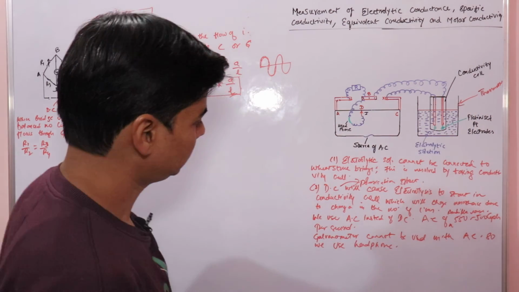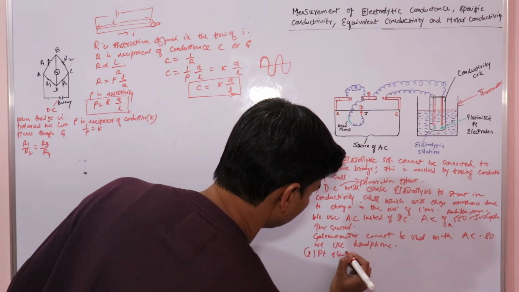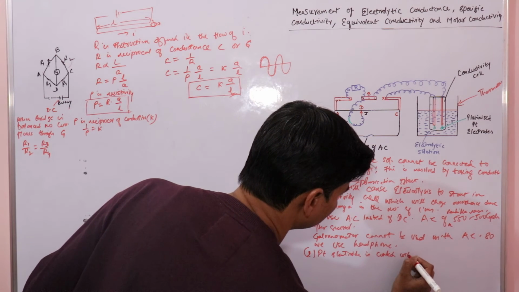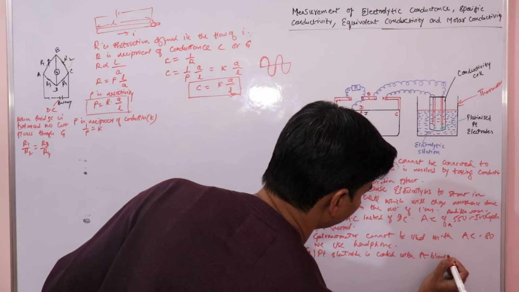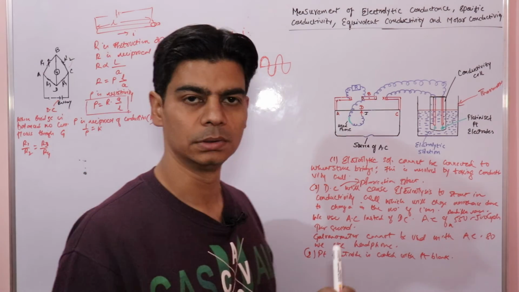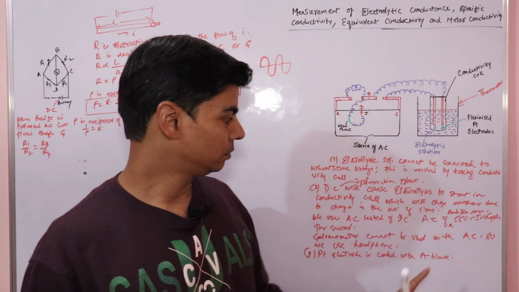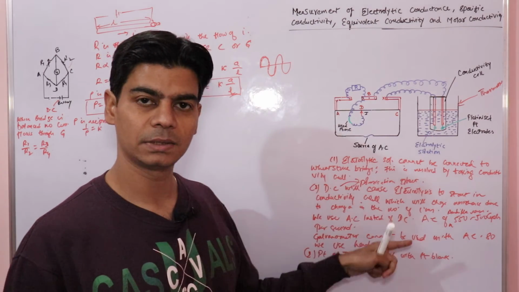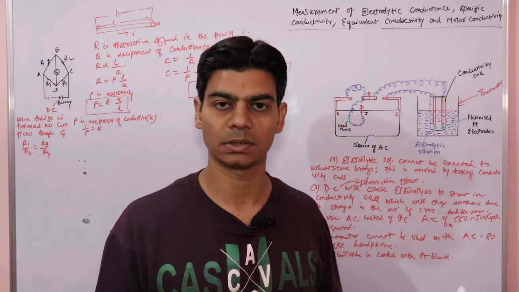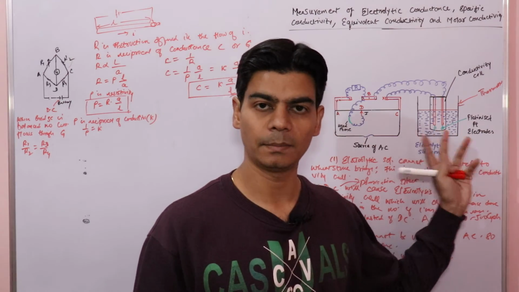And why is the platinum electrode coated with platinum black? Because we know that platinum can absorb some gases like hydrogen and other gases, right? So when there is a current in one phase, if there is any gas due to electrolysis, then that gas would be absorbed by this platinum black.